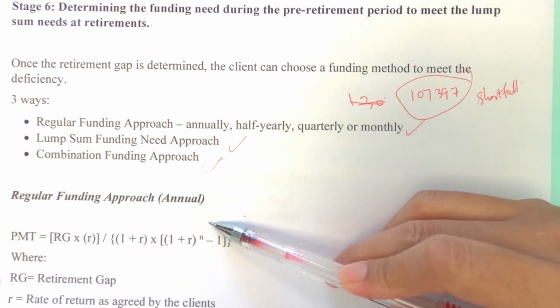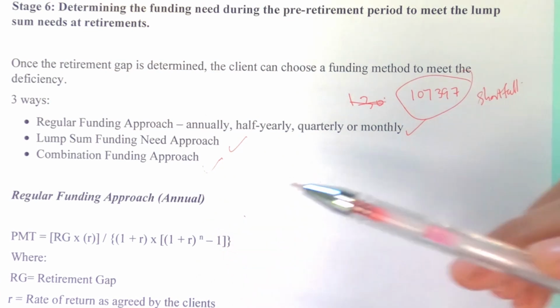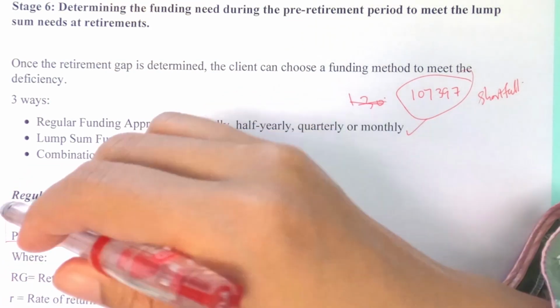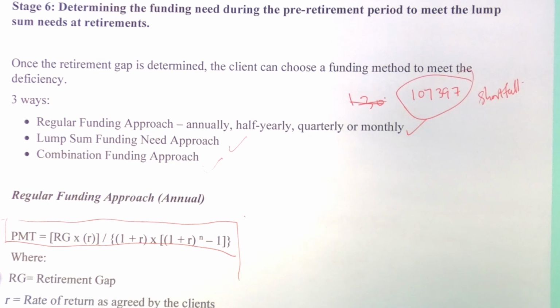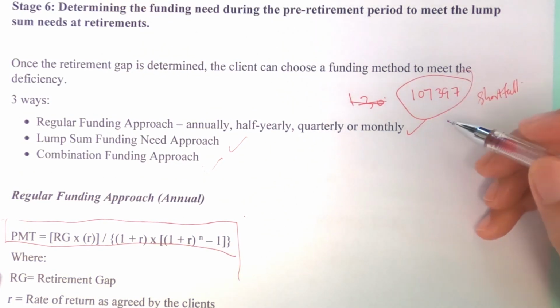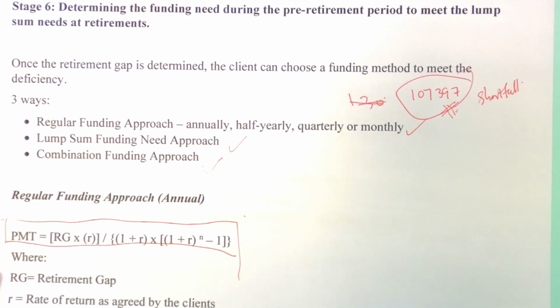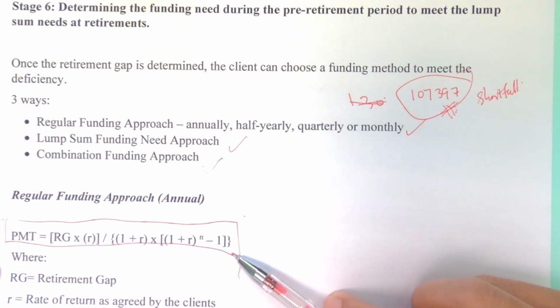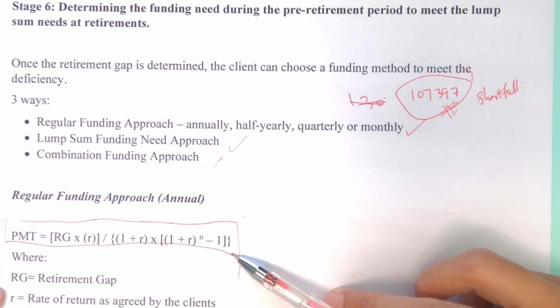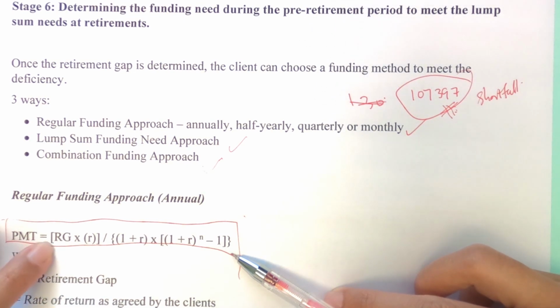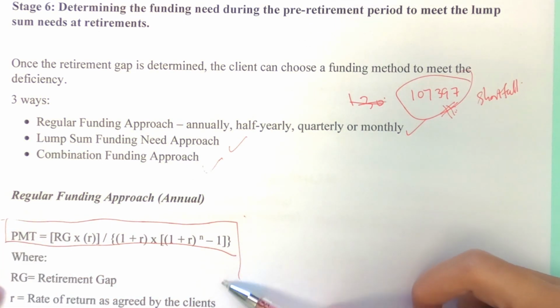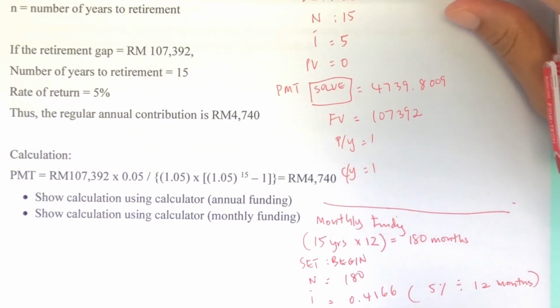And in this part, this is basically the formula, because we want to identify the payment that the clients have to make annually or monthly in order to prepare for this 107,392. This is the formula, where PMT is the payment that we want to know, and RG is the retirement gap. This is the information given to you.